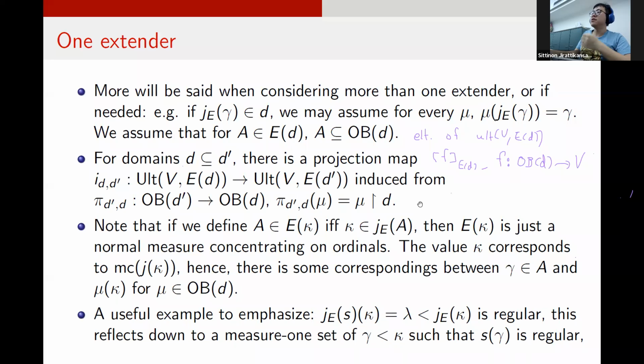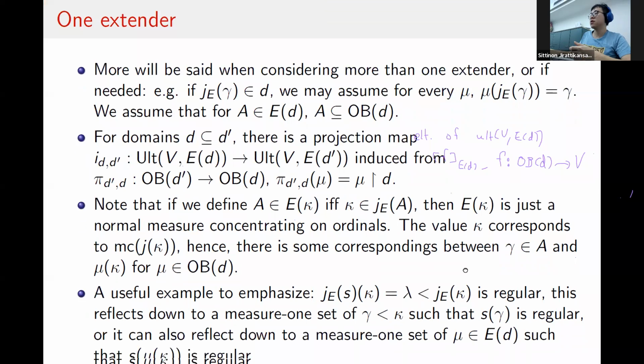And yeah, some useful examples which I will not emphasize so much. I mean, later on, but at this point, I'll say a little bit. Just because lambda is j_E of S kappa and is less than j_E of kappa, so I can say something like this will reflect down to a measure one set of gamma less than kappa, such that S gamma is regular because lambda is regular inside the ultrapower V_E.